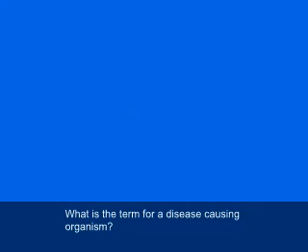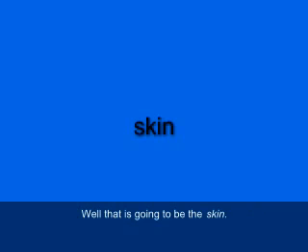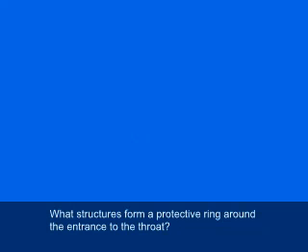What is the term for a disease-causing organism? That's a pathogen. What is the first line of defense that protects the body? Well, that's going to be the skin. What structures form a protective ring around the entrance to the throat?